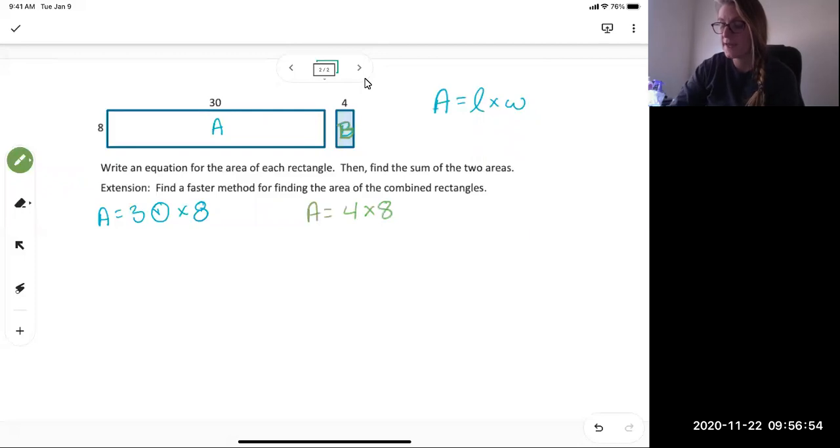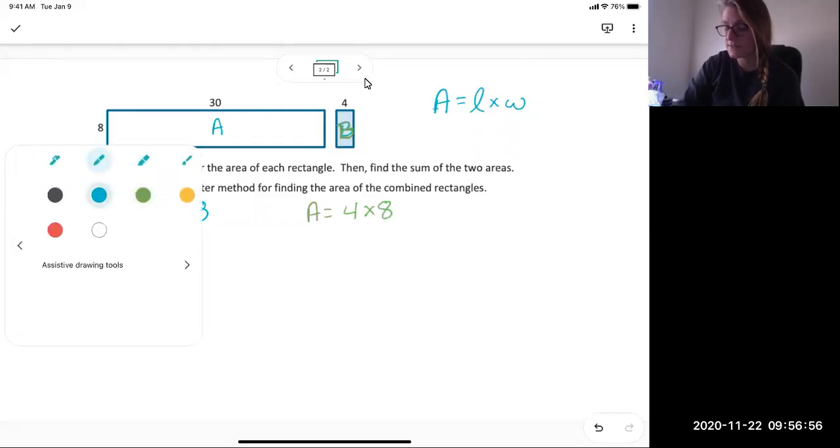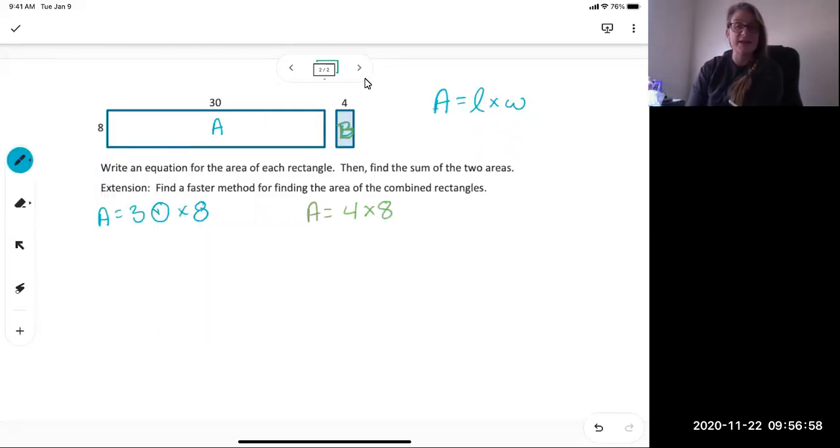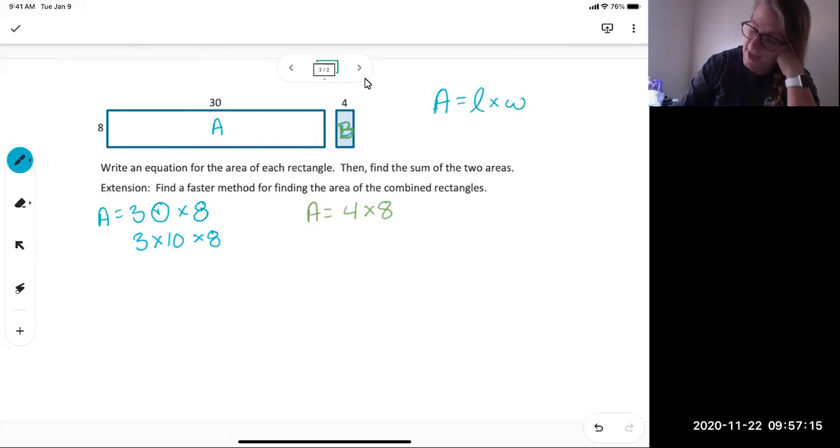Okay, we can look at these problems and we should easily be able to solve them because we know we can multiply. We can decompose 30 into 3 times 10 and then multiply that times 8. And then we know we can rearrange our numbers in any way we want. So we can move the 8 next to the 3 and do 3 times 8 times 10.